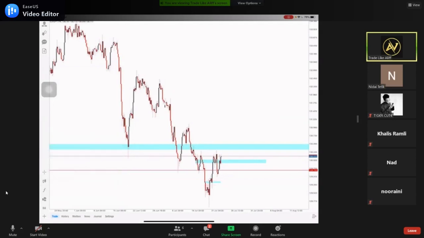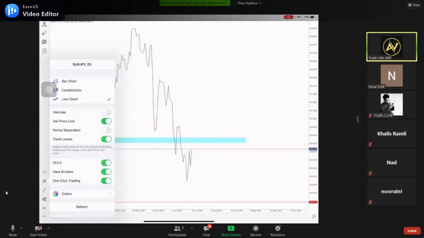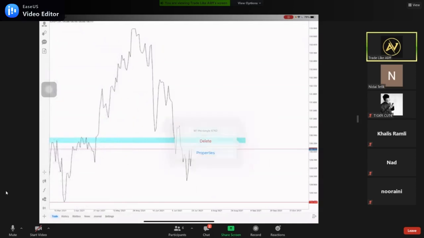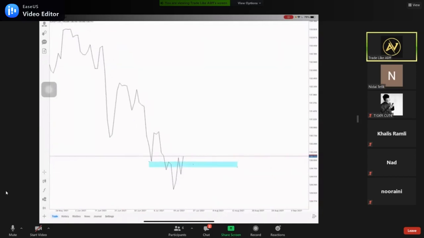Why? Okay, I'll show you. I don't know if it can swing yet. But we go to daily time frame, then we see here a daily breakout.